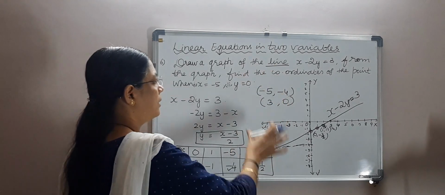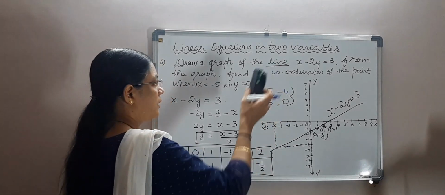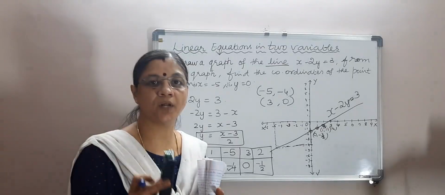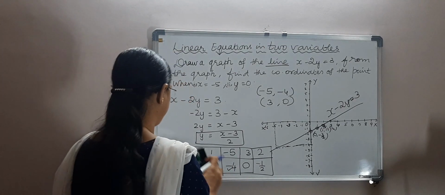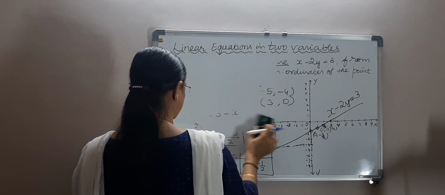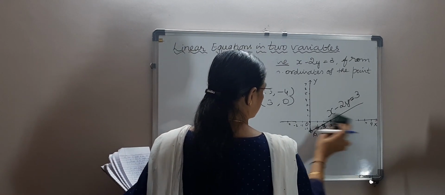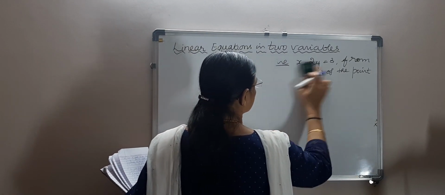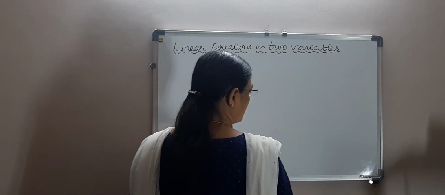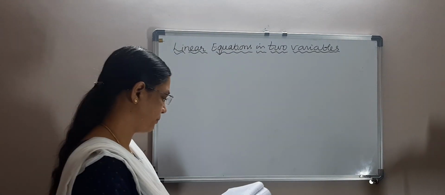So this is how we draw a graph and plot points for the given linear equation, and linear equations represent a straight line, that you should understand. Okay. Now we'll see the next problem. All these problems involve graphs, so please do use a graph paper to understand better.